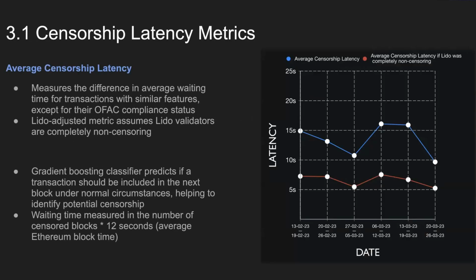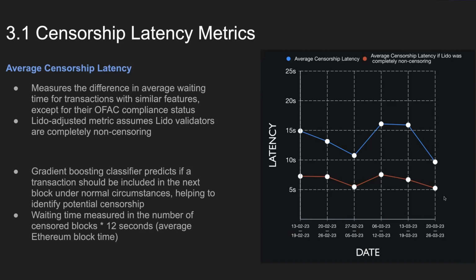The first metric is called average censorship latency, and it shows us the additional time needed for a non-compliant transaction to get into the block. You can see a blue line on the graph, and it shows that during the last 6 weeks, it was like 10 to 18 seconds, so up to 3 blocks on average.